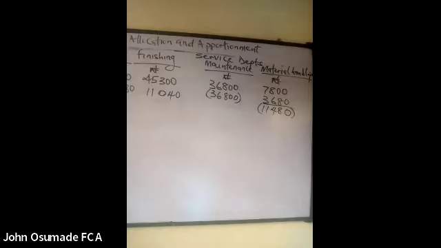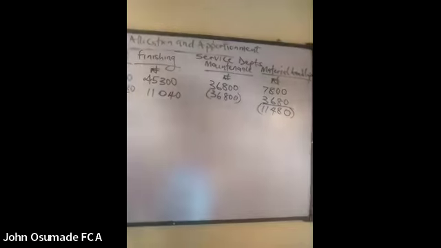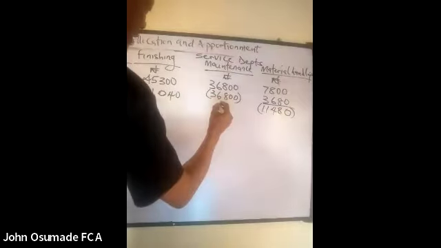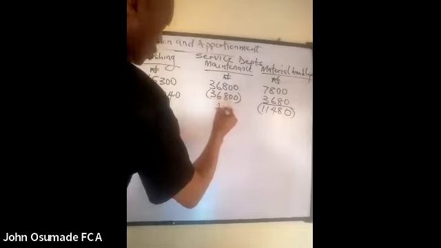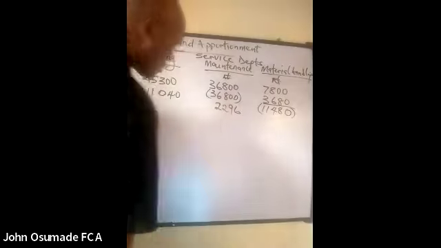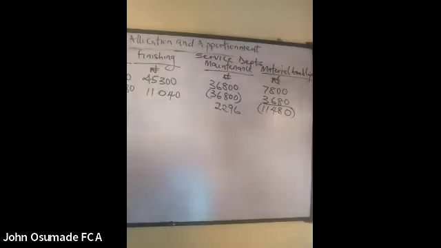Now, we want to apportion it 30, 50, 20. 20% of 11,480 should give me 2,296. Confirm.